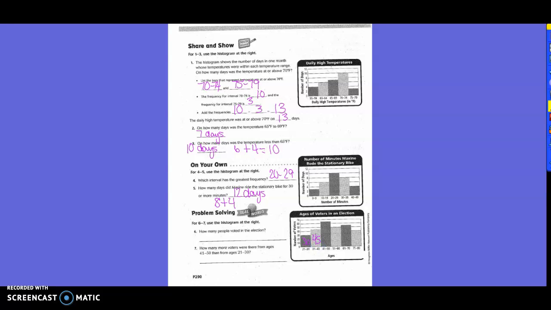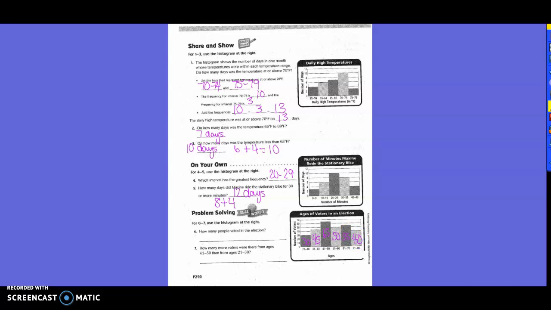Then for the 41 to 50 age range, they had 65 people. For the 51 to 60 age range, they had 50. For the 61 to 70 age range, they had 55. And for the 71 to 80 age range, they had 40.